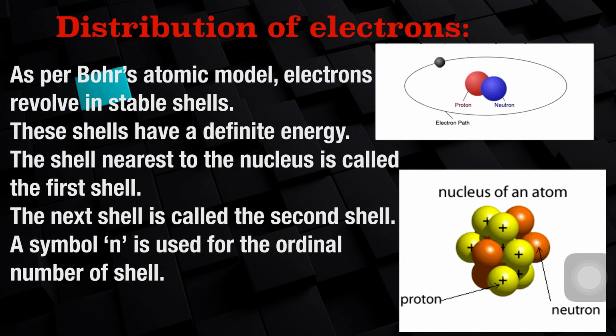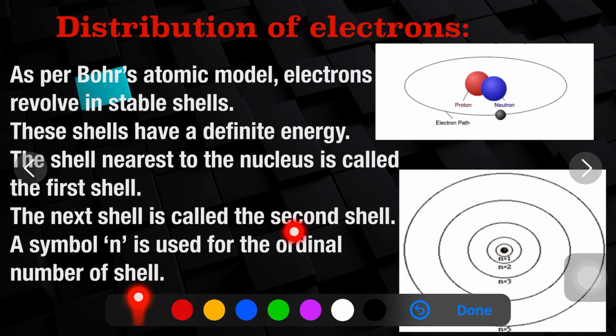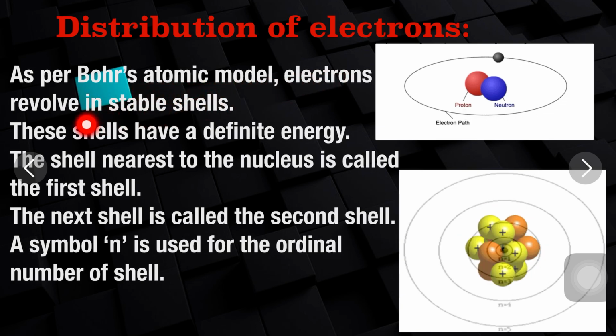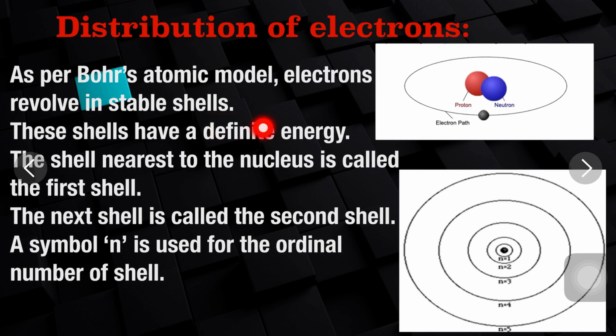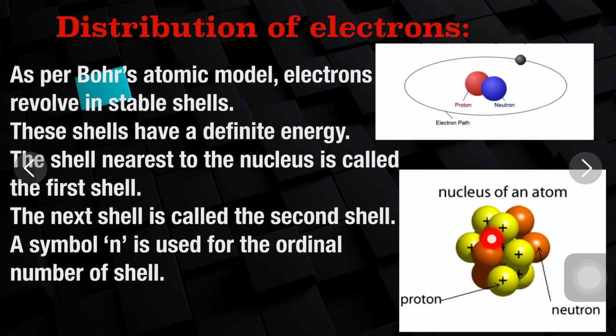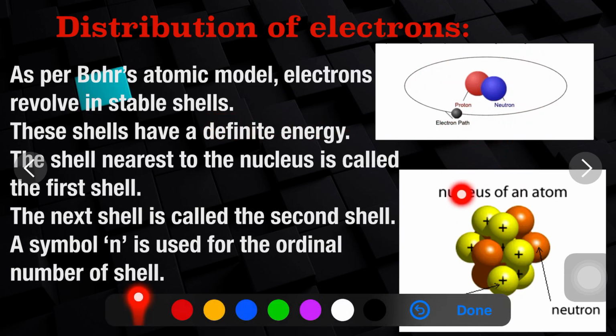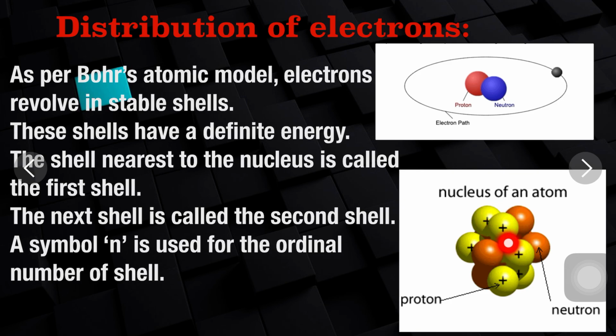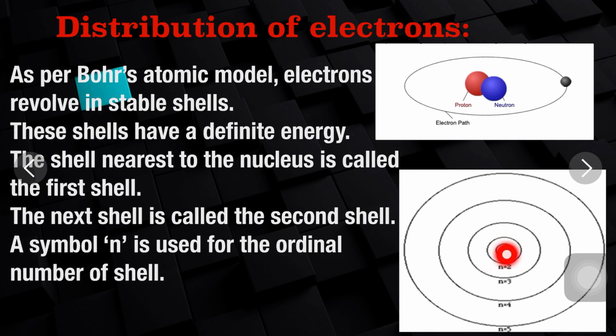Let us see the next topic, that is distribution of electrons. As per Bohr's atomic model, electrons revolve in stable shells. These shells have a definite energy. The shell nearest to the nucleus is called the first shell. The next shell is called the second shell.